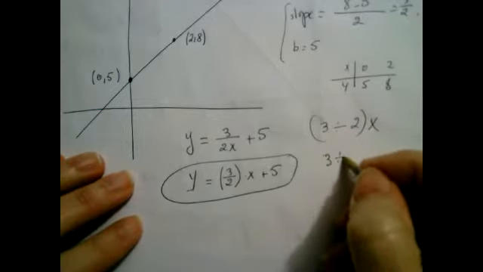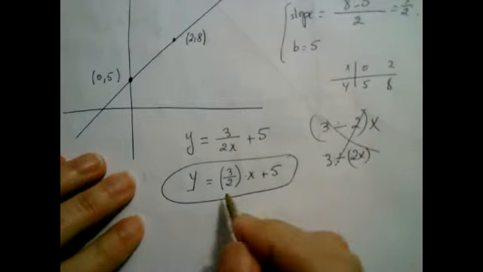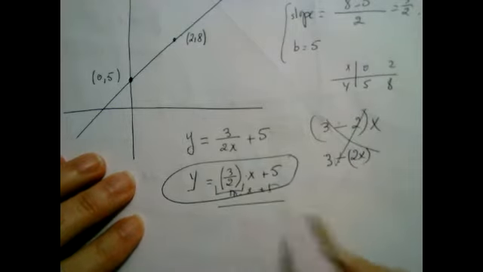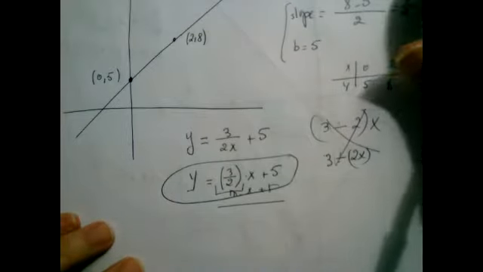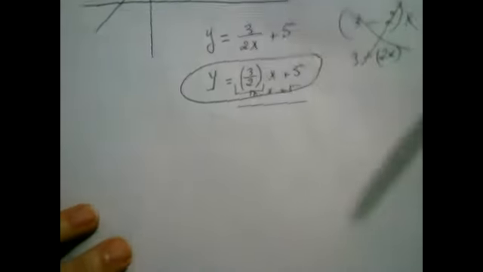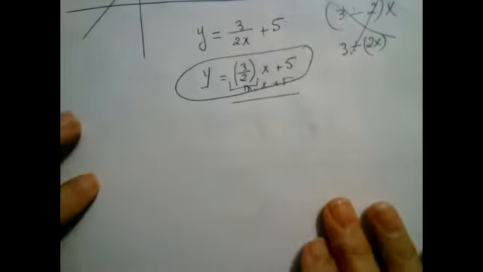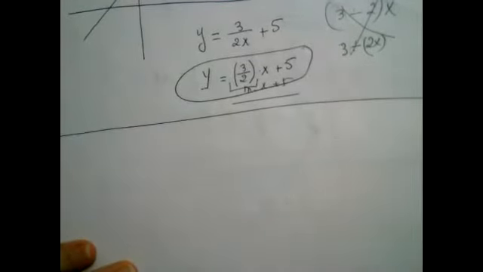The calculator will read 3 divided by 2x, and that's not really what you want. This is the slope times x plus 5. So that's another mistake that was really giving you problems. Parentheses are crucial. Parentheses are crucial. This is the mistake I've noticed on Moodle.